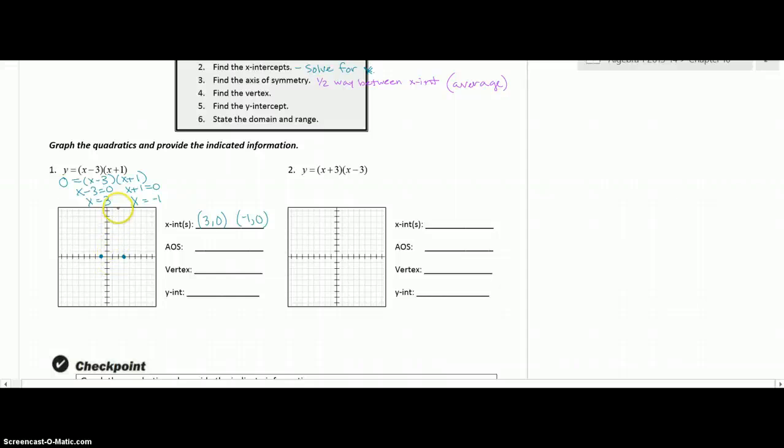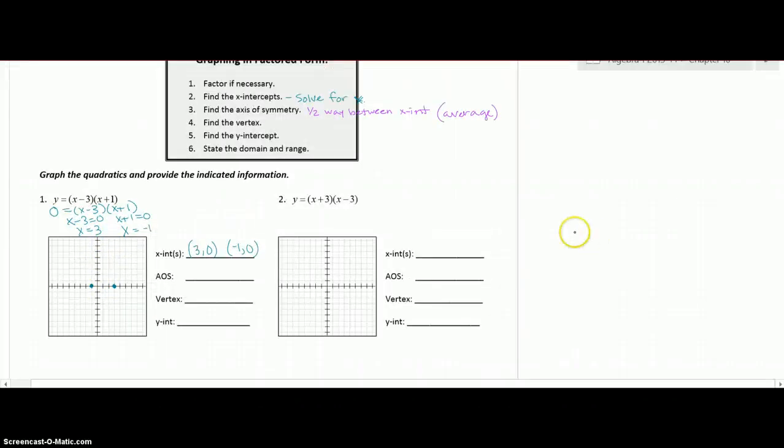Well, you could probably eyeball it. So in this problem, you can probably see that the axis of symmetry is going to be on 1. And if you found the average between 3 and negative 1, 3 plus negative 1 over 2, because you're just adding 2 numbers and dividing by 2, you would see that you get 1.